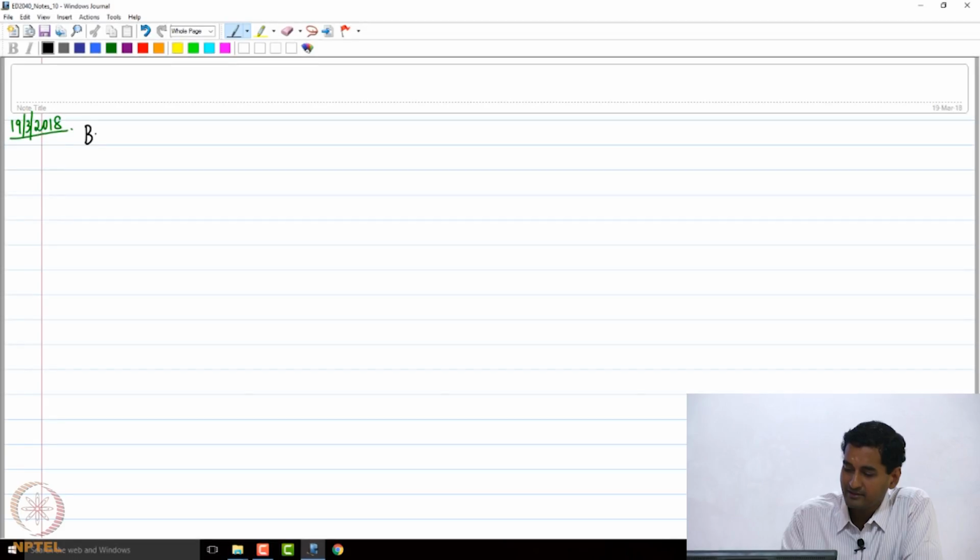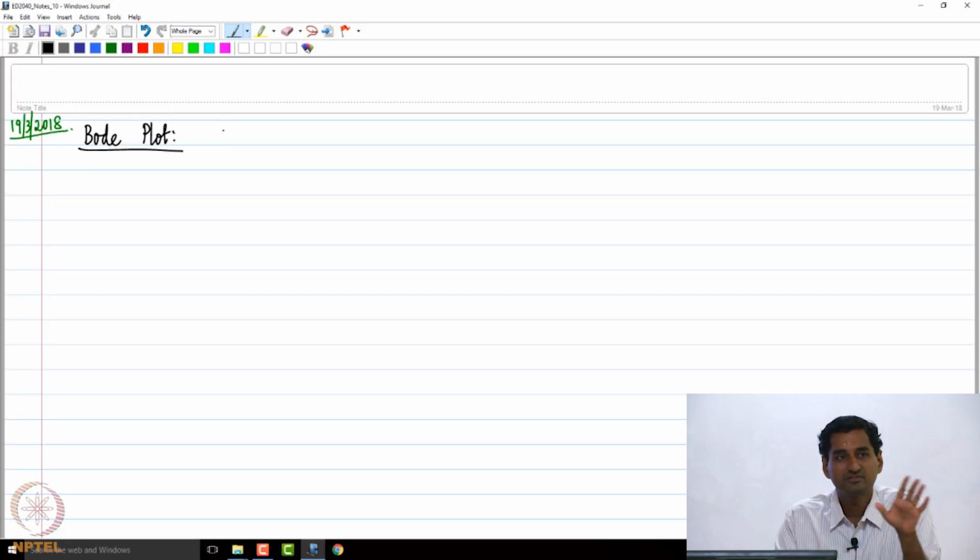Let's continue. We are looking at the Bode plot, or the Bode diagram. If you recall, the Bode plot has two plots, a magnitude plot and a phase plot.